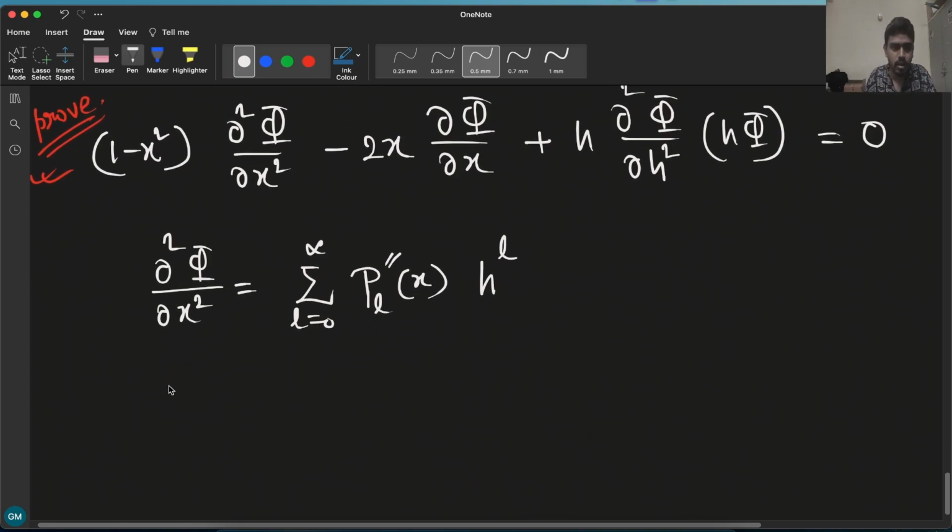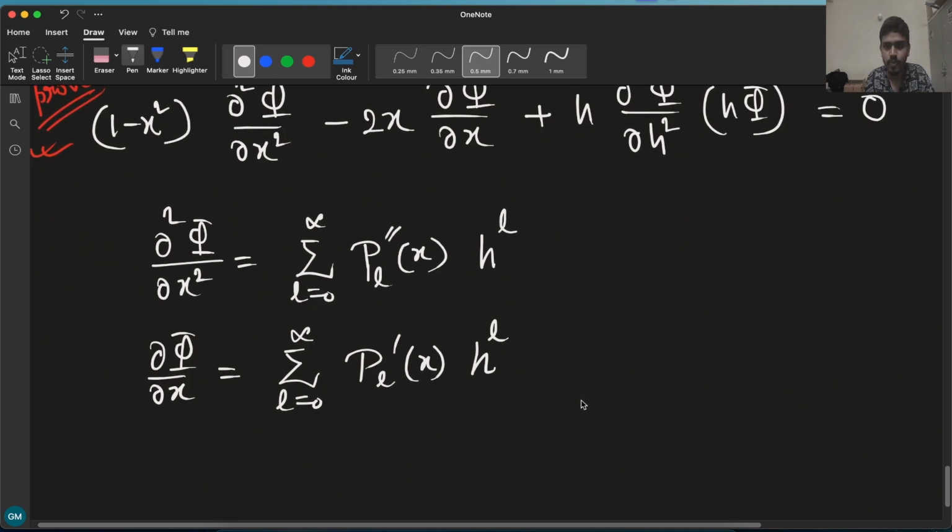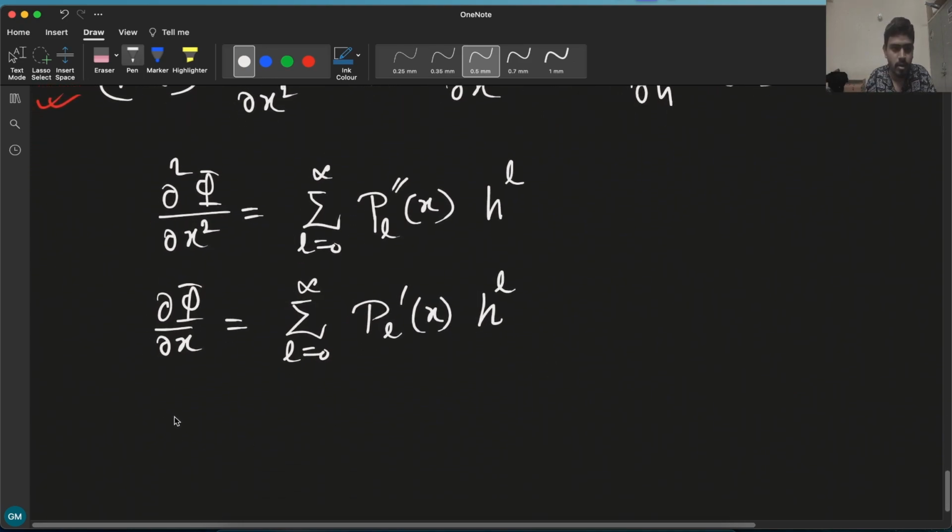Similarly, del phi del x will be the sum over L equals 0 to infinity of PL dash x h to the power L, and del 2 del h2 of h phi, times h.